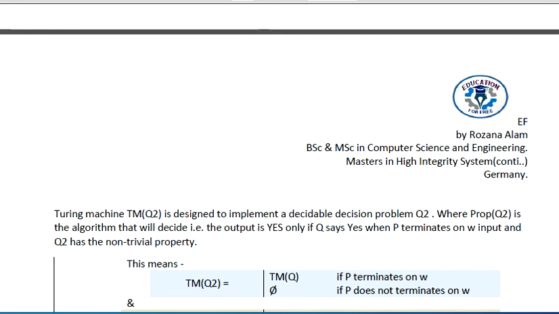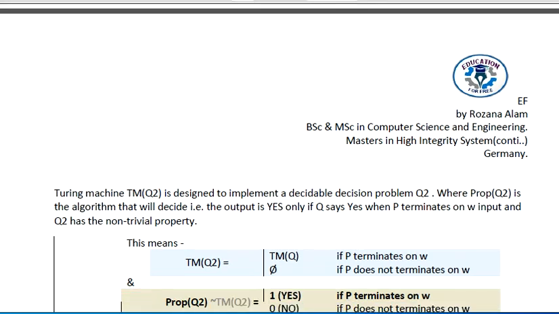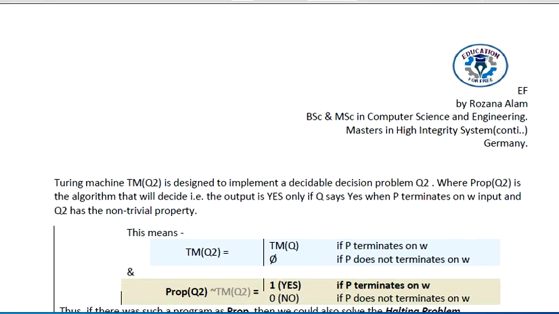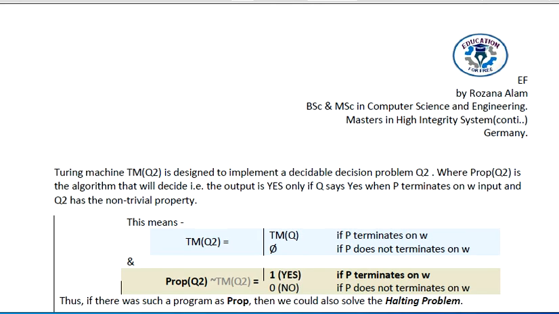What is that? Turing machine Q2 is designed to implement a decidable decision problem, where PROP Q2 is the algorithm that will decide. That is, the output is yes only if Q says yes when P terminates with W input, and Q2 has the non-trivial property.